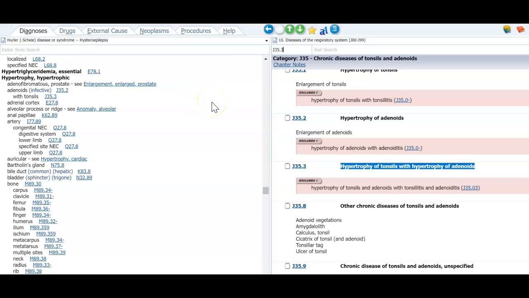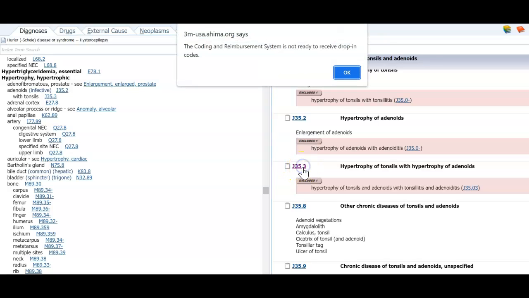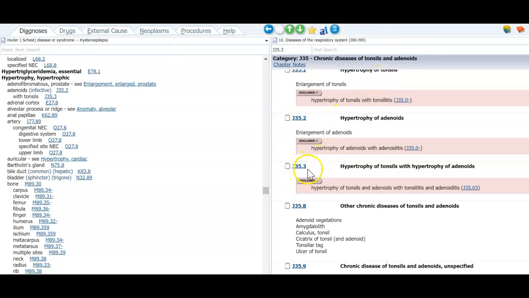Now, if you need to pause the tape, you want to go to the tabular to make sure that you look through your excludes notes. Okay. We don't have tonsillitis or anything like that, so we're fine with our J35.3 code. There's not any more digits to add. So for that code, number 1 is pretty self-explanatory.